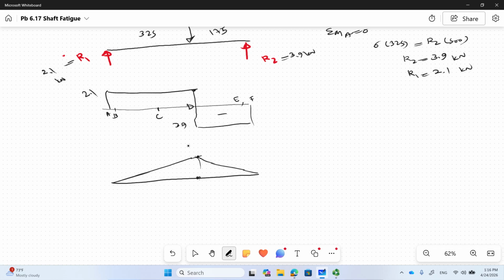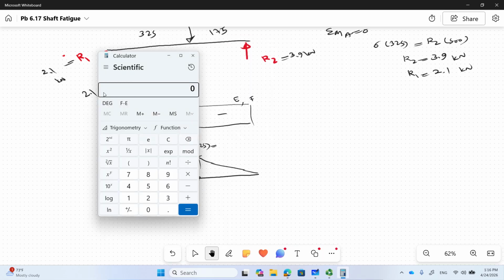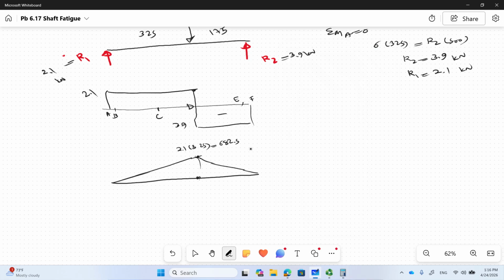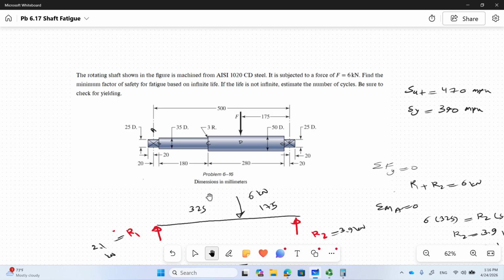At point B, the moment is going to be 2.1 times 325, so 682.5 Newton meter. Okay, at point C, the distance from A to C, let's see how much that is.